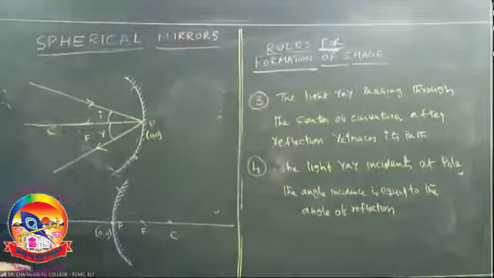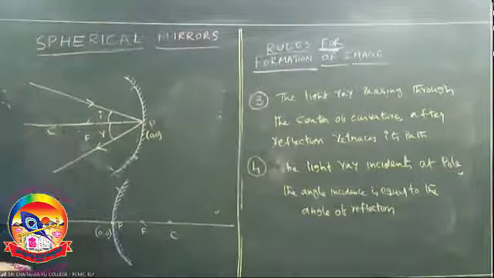We will take a concave mirror. Outer surface is polished. Inner surface is the reflecting surface. P is the pole of the mirror.